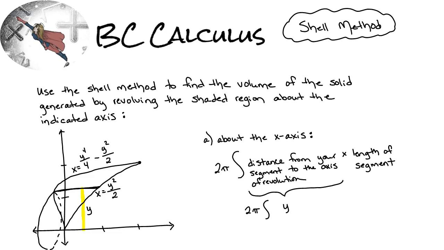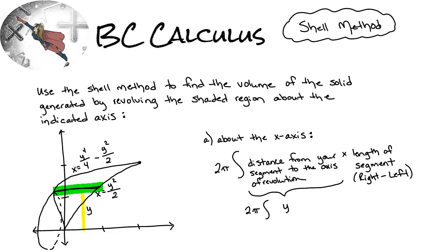Okay, now we just need to figure out a way to write the length of the segment that I drew, which is from here to here. Well, since it's a segment that's running horizontally from right to left, we're just going to do right minus left, just like you would have done in easier problems with disks and washers.